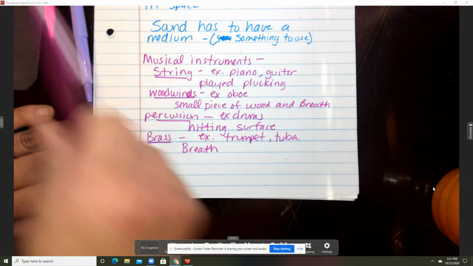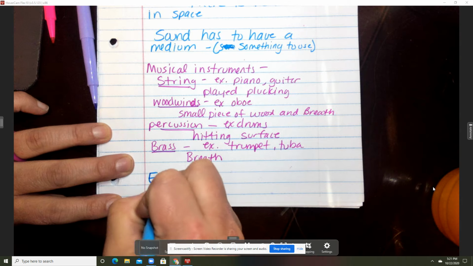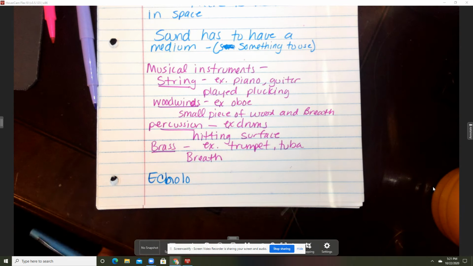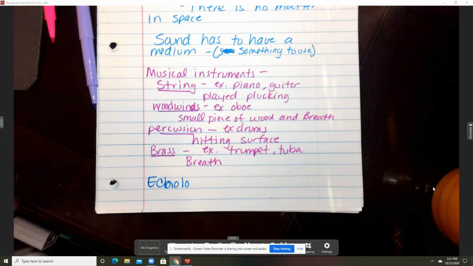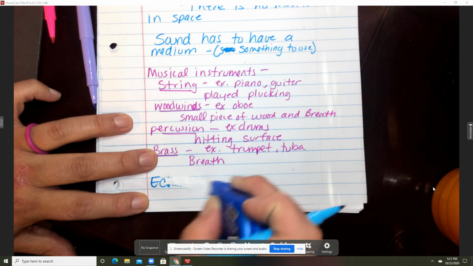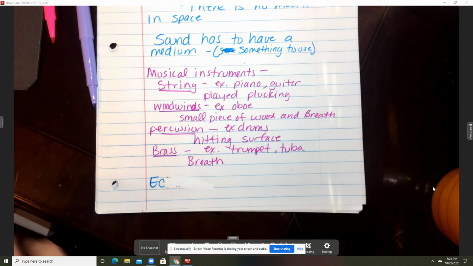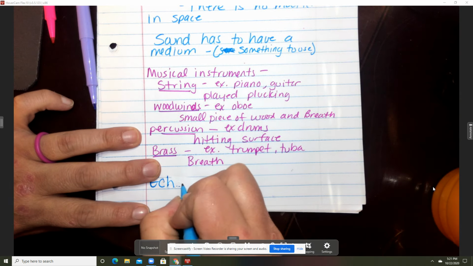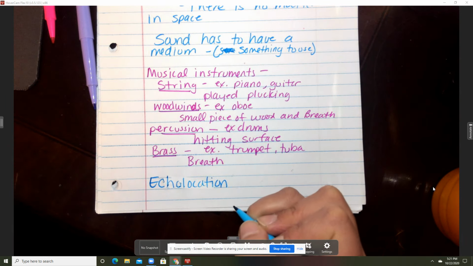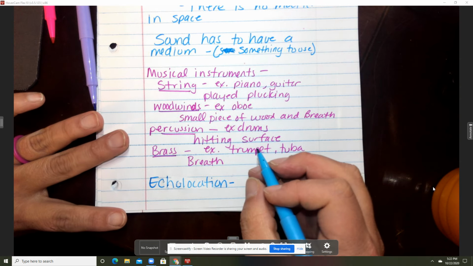Okay, the other thing I want to add is about echolocation. Echolocation is what bats and whales use to know where they're at.